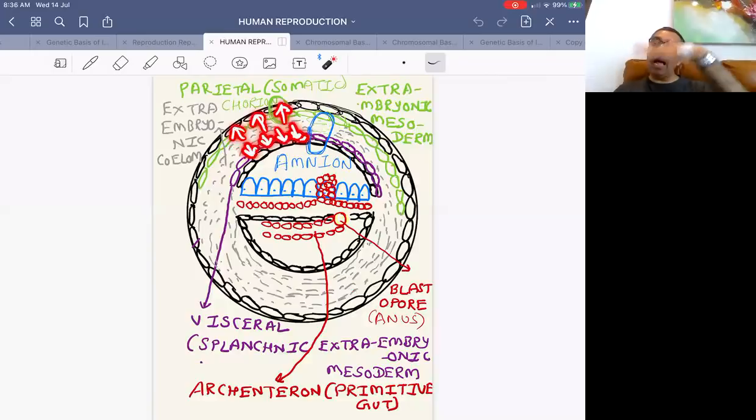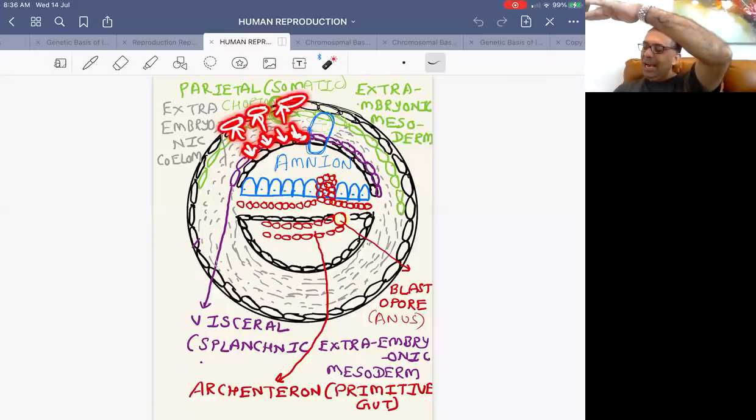And some cells go up towards the trophoblast and some cells go down towards the amniogenic cell. याद है ये ट्रोफोब्लास्ट है और ये amniogenic cells है.